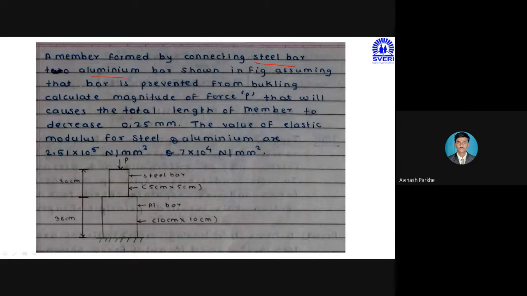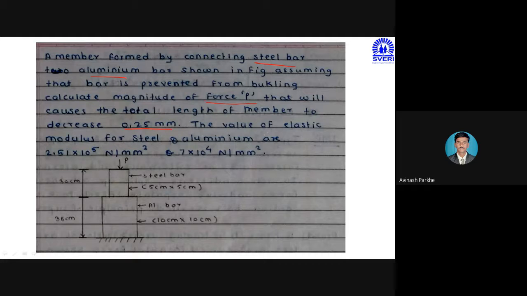Then that bar is prevented from buckling. Calculate the magnitude of the force that will cause the total length of the member to decrease by 0.25 mm.